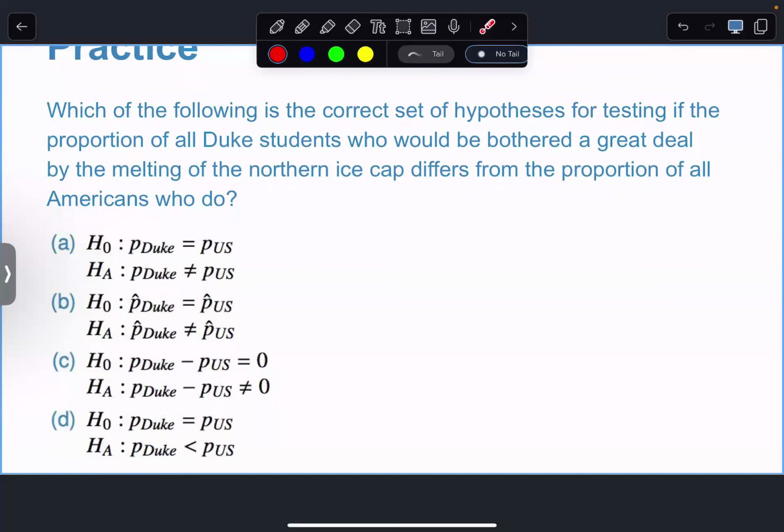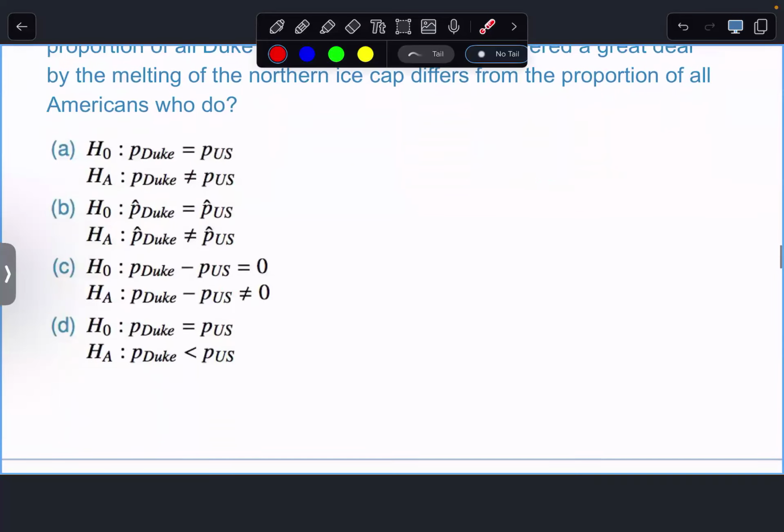Okay, so if we want to test if the proportion of all Duke students who would be bothered a great deal by the melting of the northern ice cap differs from the proportion of all Americans who do, then what hypotheses would we be testing? I'm going to use this as an opportunity to highlight things that hypotheses are not about, right?